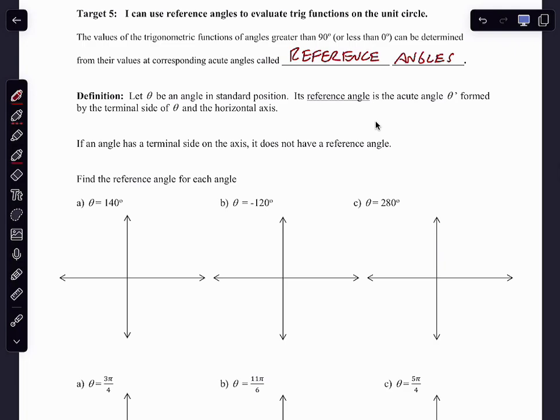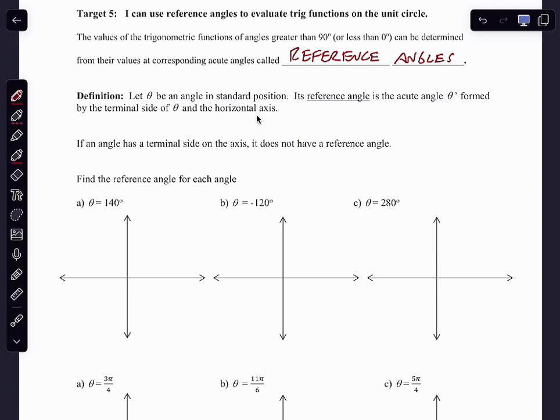Okay, I wrote the definition of a reference angle. Let theta be an angle in standard position. So an angle that starts on the positive x-axis. It could spin around clockwise or counterclockwise. It could be positive or negative. Could land in any quadrant. Its reference angle is the acute angle theta prime, which I just write the angle down. I don't usually write the prime. Formed by the terminal side of theta and the horizontal axis.